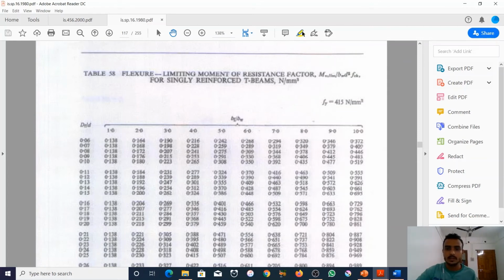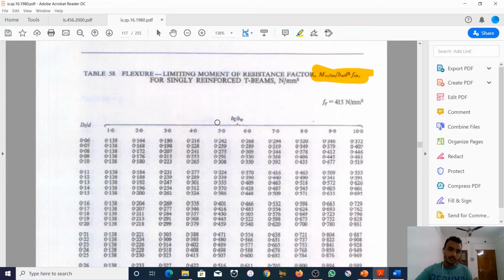In this, we have an equation here: Mu limit divided by BW D square upon FCK. So we find the value of Mu limit by this.